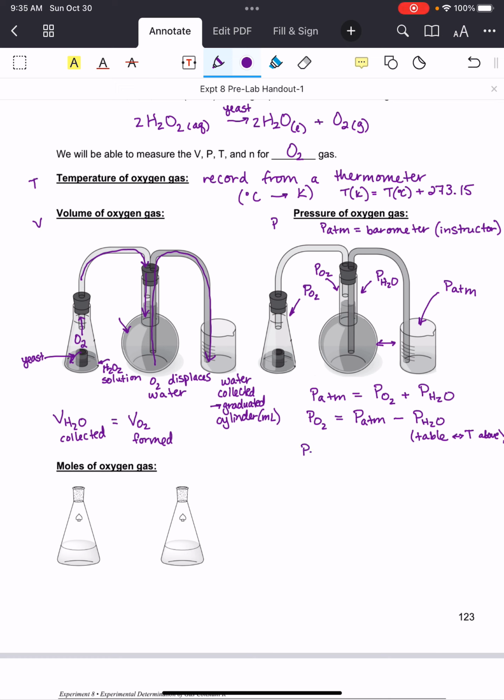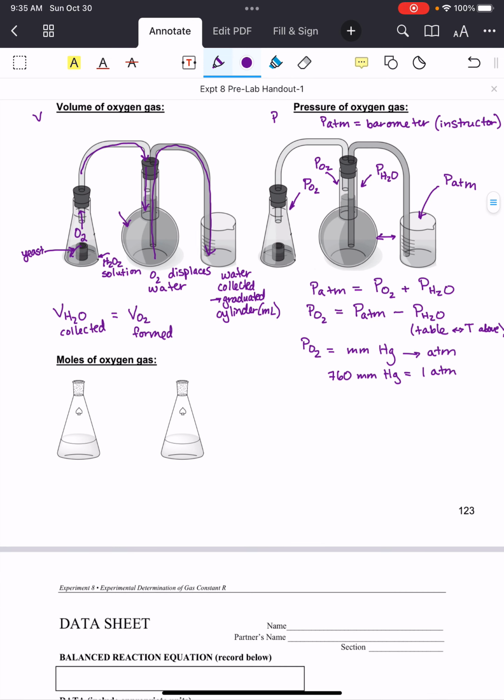The pressure of oxygen we'll find in millimeters of mercury, but we'll be able to convert this to atmospheres using a conversion factor, because we know that 760 millimeters of mercury is equal to 1 atmosphere.